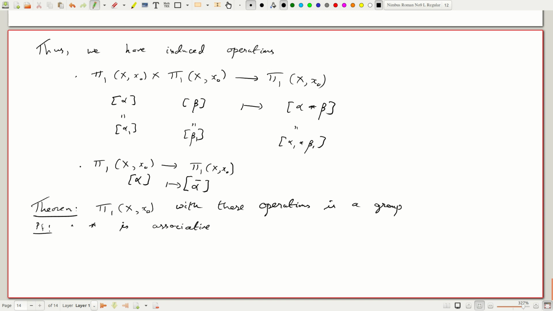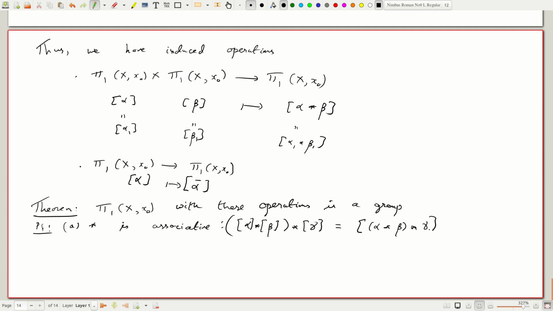Well, why is this? This is because if I look at the class of alpha star beta and multiply it with the class of gamma, this is the homotopy class, by definition, of alpha star beta star gamma.